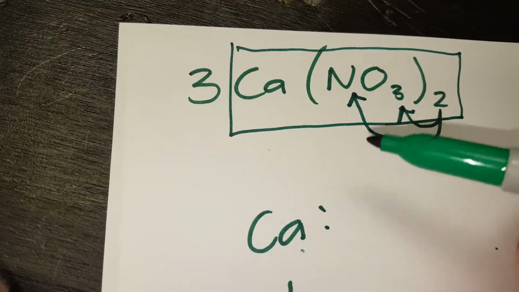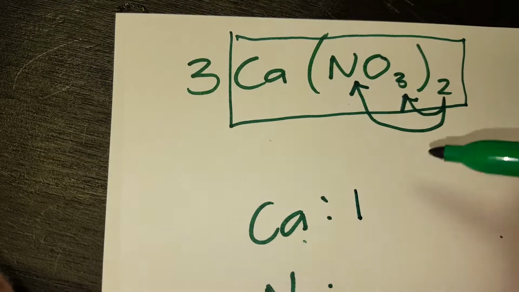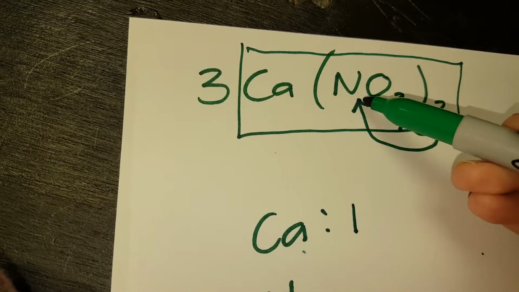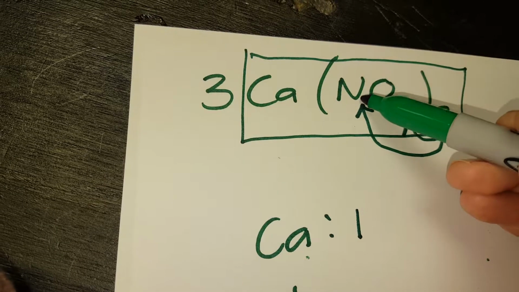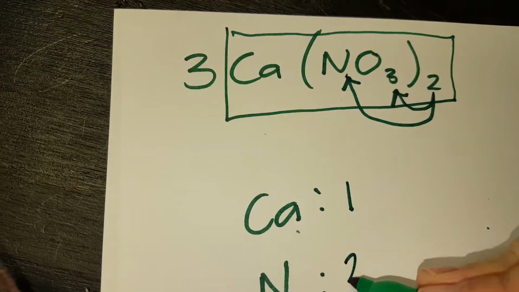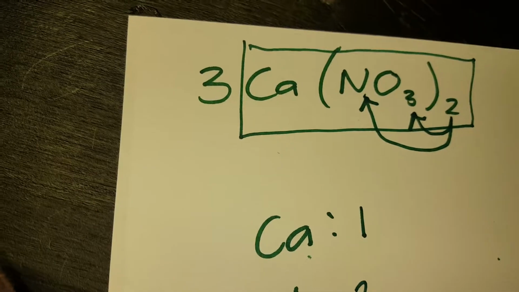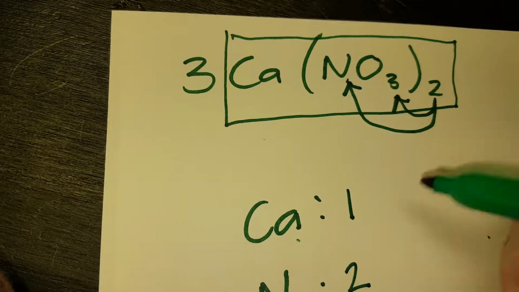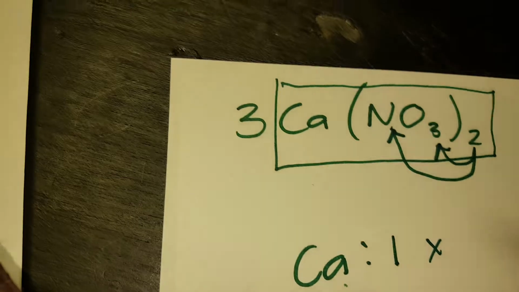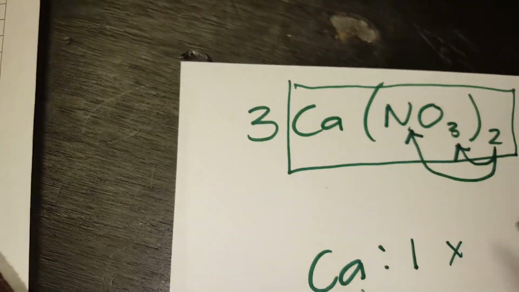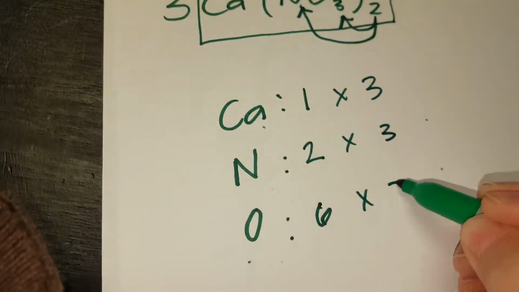So I'm going to start with making my list of atoms or elements and counting them. I'm going to put my box to help me remember. Alright, and just looking inside the box, I have 1 calcium. I need to multiply this 2 by nitrogen, and I only have 1 nitrogen, so it's 2 times 1 is 2. And multiply the 2 by the subscript in oxygen, so it's 2 times 3 is 6. And now I need to multiply everything by this coefficient. Everything gets multiplied by 3.